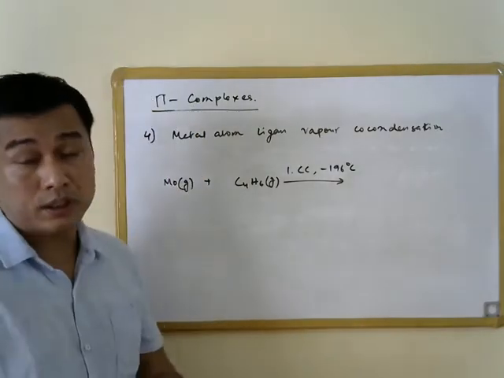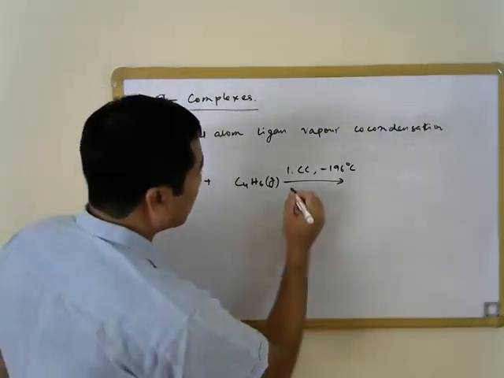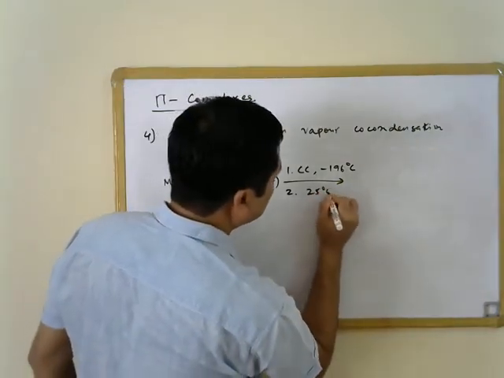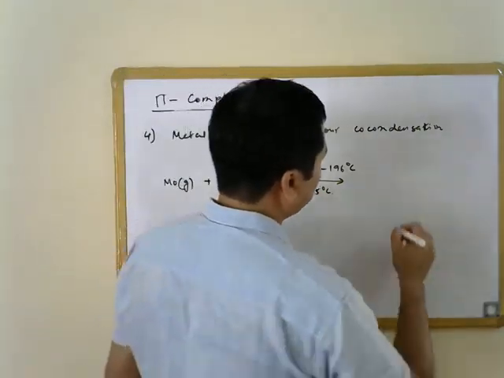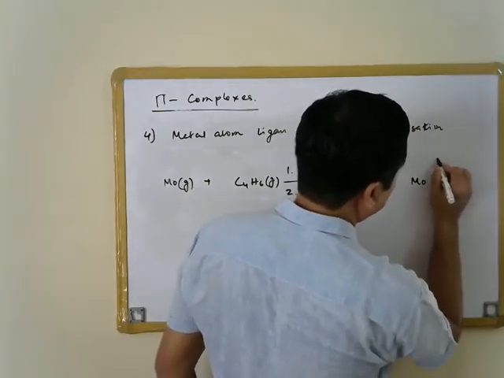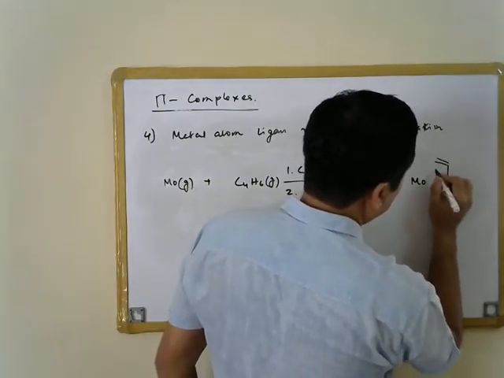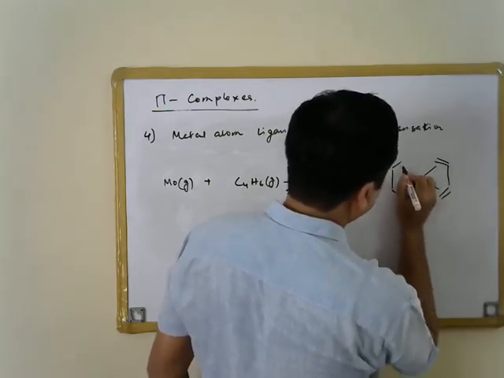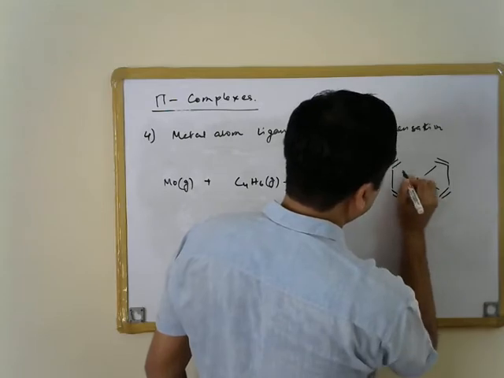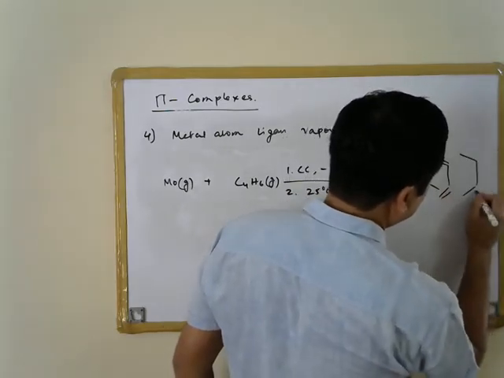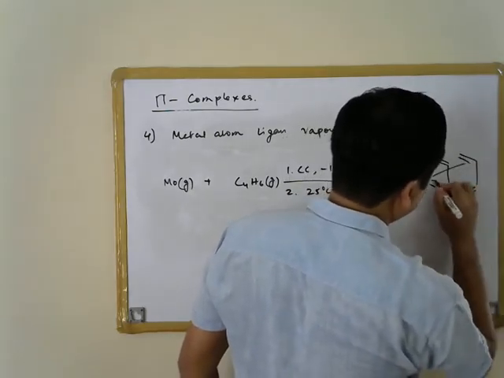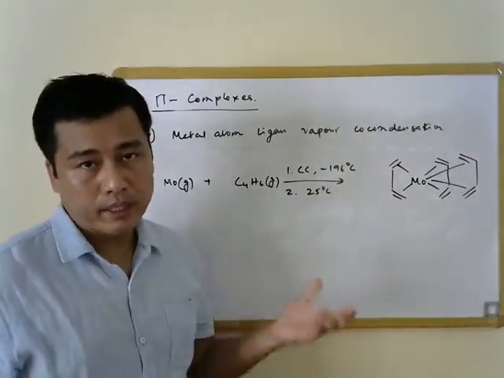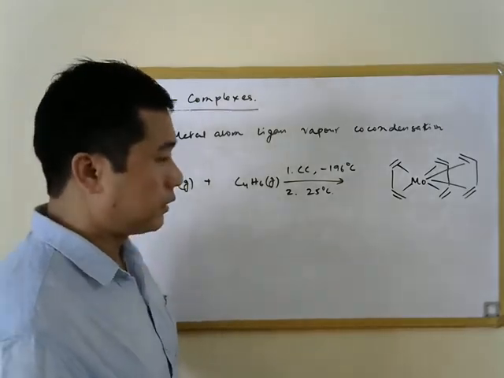The co-condensation is allowed to happen, and in the second stage you allow the temperature to rise to 225 degrees Celsius, and then what you are going to produce is a very interesting metal butadiene complex of this sort. This sort of molybdenum butadiene complex can be prepared by this co-condensation method.